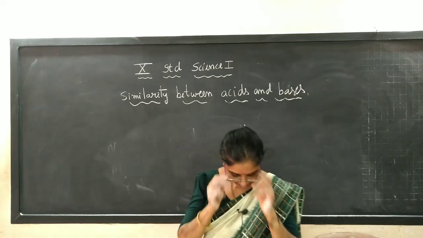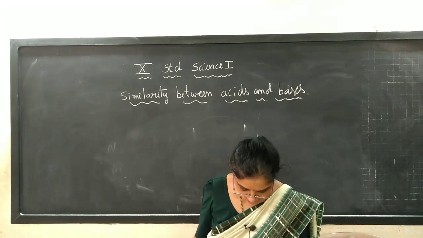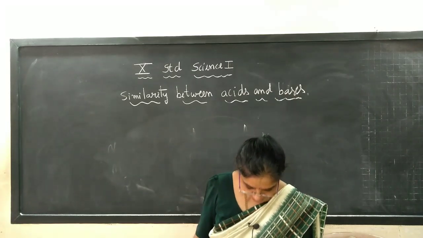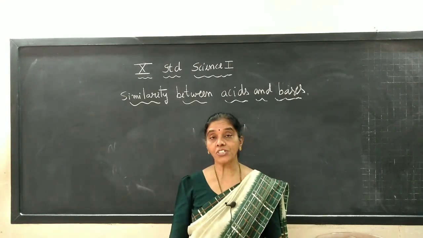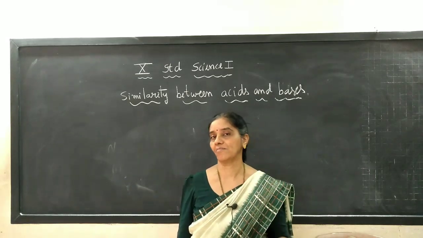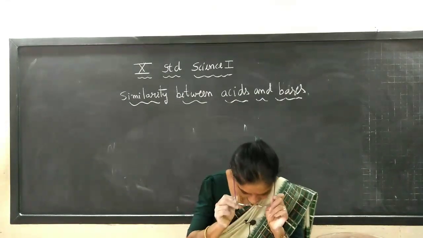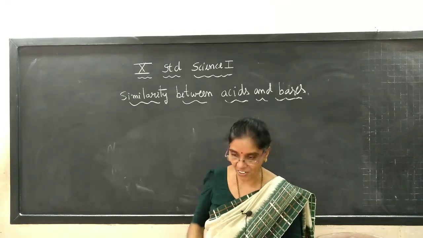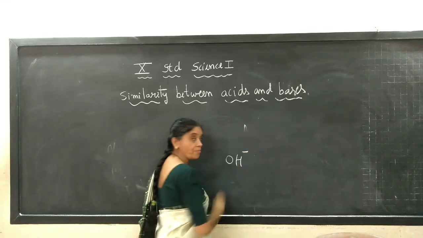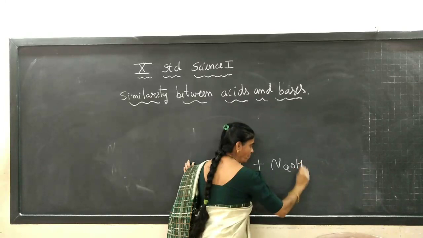And lastly, how is the concentration of hydroxide ions affected when excess of base is dissolved in a solution of sodium hydroxide? Now, you have a basic solution, so you have hydroxide ion. Now, you are adding a solution of sodium hydroxide. You have hydroxide ion in the solution first. Now, you are adding sodium hydroxide.